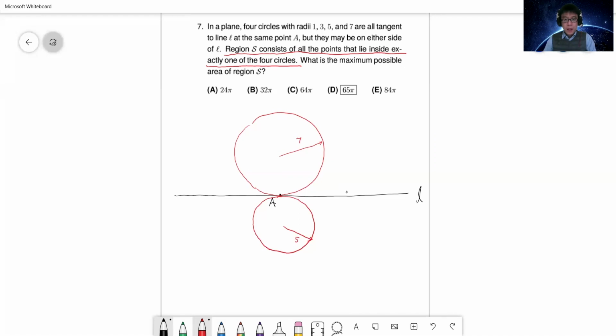To minimize the area to be subtracted, we can do the following. We place the circle with radius 3, and then the circle with radius 1 inside of the circle with radius 3. In this way, we only need to subtract the area of the circle with radius 3.